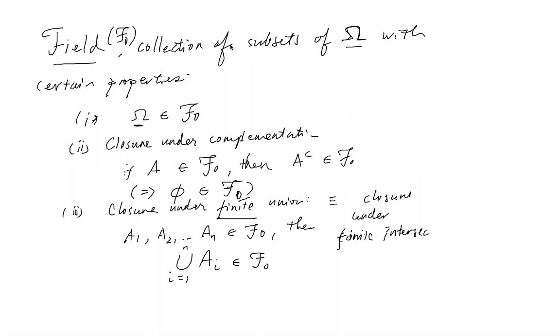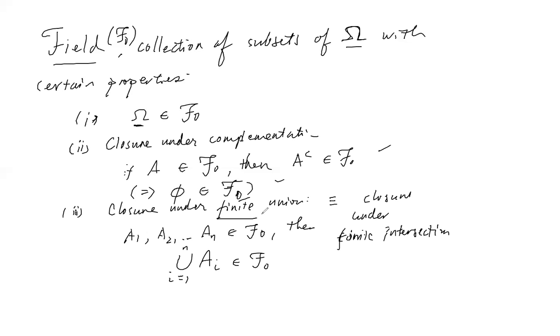I think we already worked that out in class, so you can work out this result. Depending on the situation, since these 2 are equivalent, if you want to show that a collection of subsets of omega is a field, then these 2 are very easy to show, they are trivial.